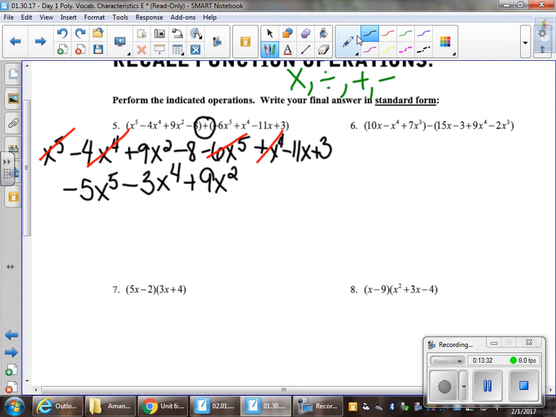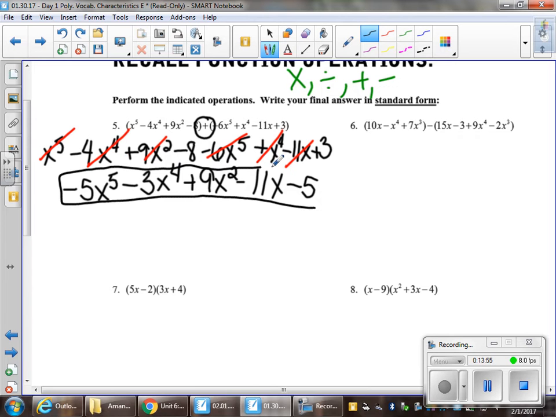There's nothing else in here that has a degree of 2. What's next? Negative 11x. Done with that. And lastly, which is minus 5. And that is in standard form. All our exponents are going from greatest to least. Okay.